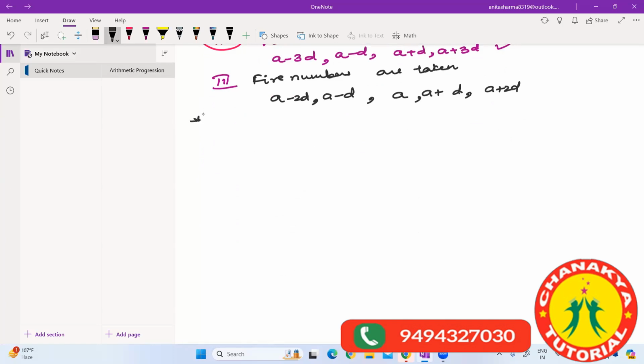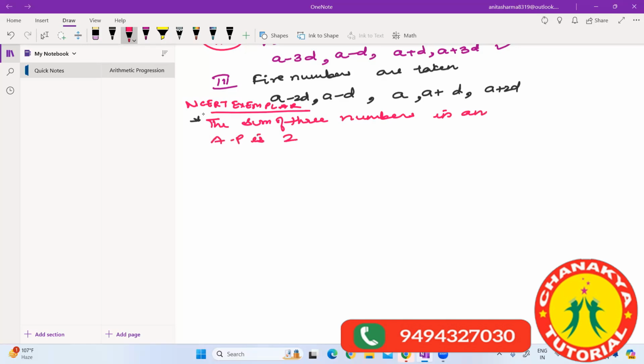These questions are from NCERT exemplar. See, the question is: the sum of three numbers in an AP is 18.